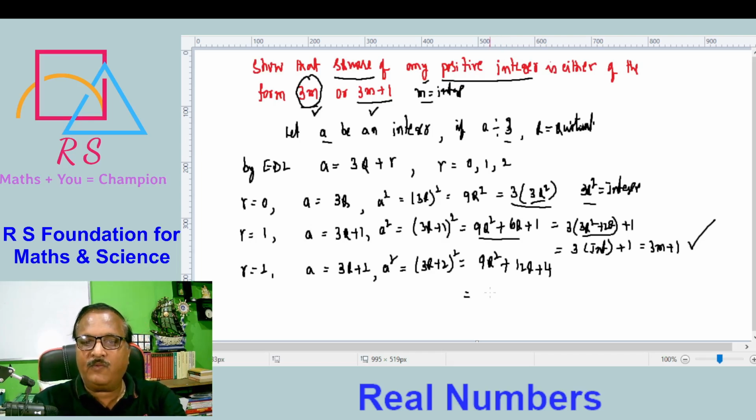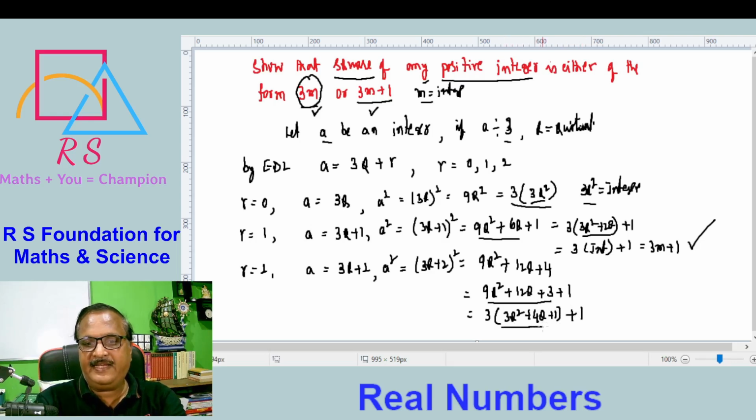Now what I can do is write 9q square plus 12q plus 3 plus 1. I have written 4 as 3 plus 1. So in this I can take 3 common: 3 into (3q square plus 4q plus 1), plus 1.